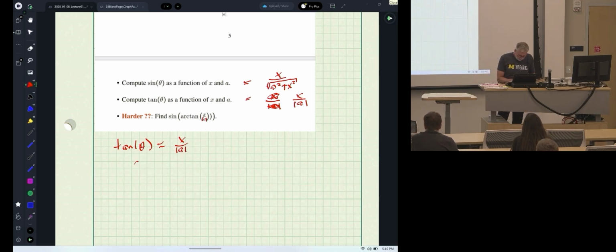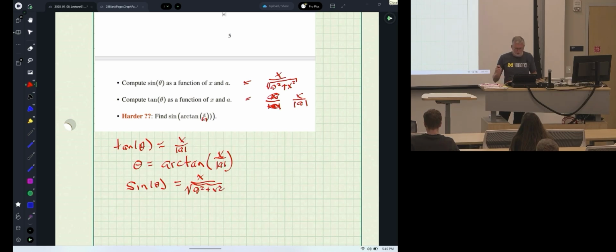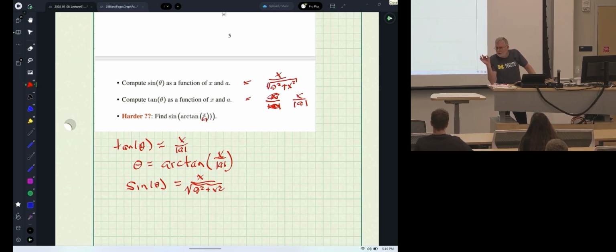That means theta equals arctangent of x over absolute value of a. And we already know that the sine of theta is equal to x over the square root of a squared plus x squared.